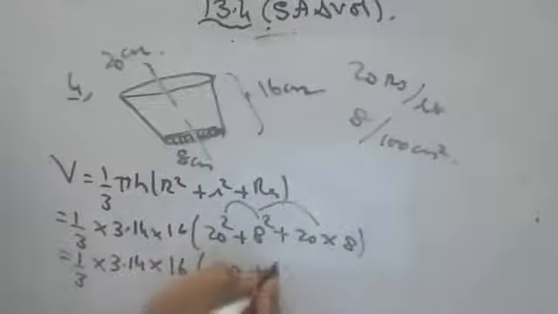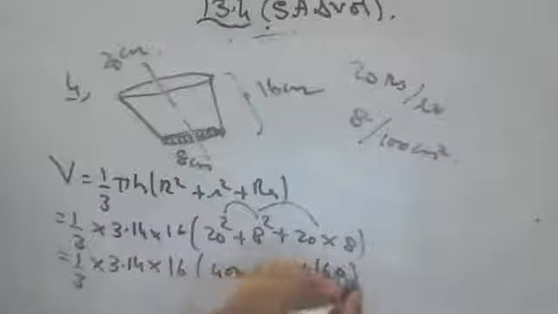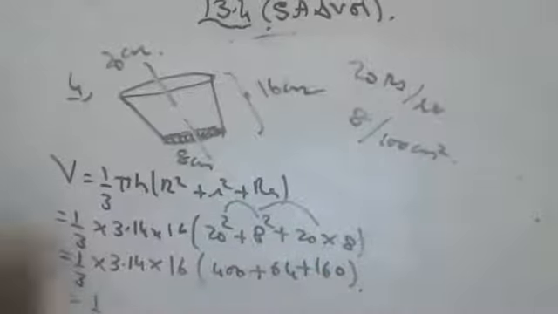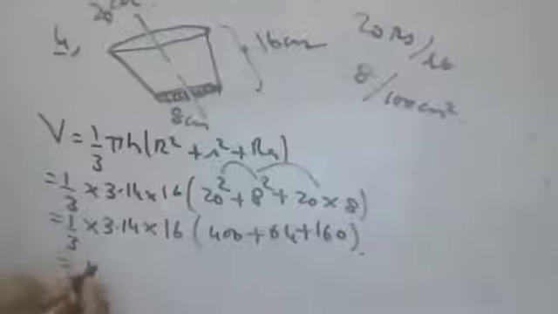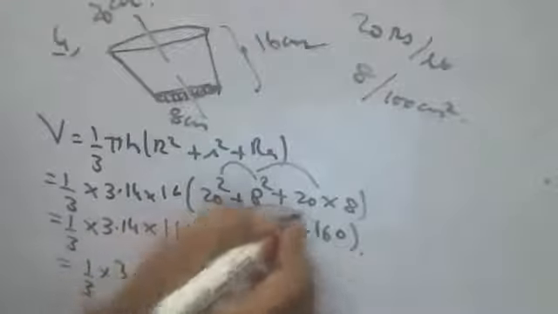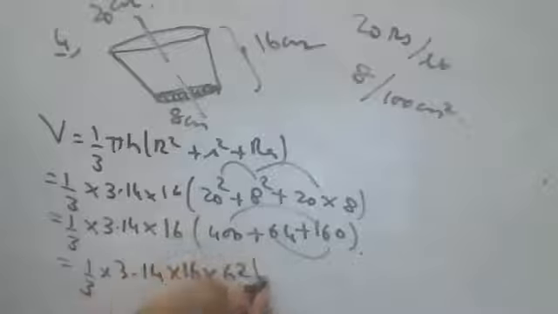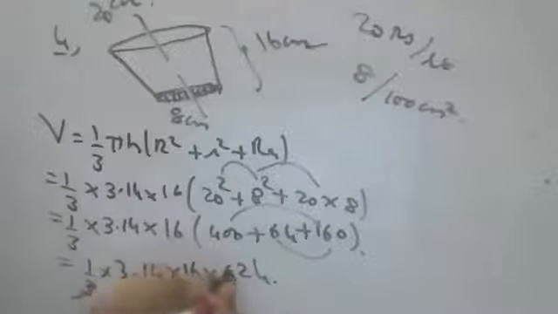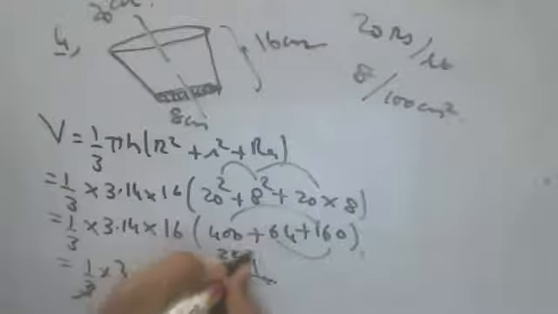That is 1 by 3 into 3.14 into 16 into 624. This will go in the 3 table, 3 into 208.